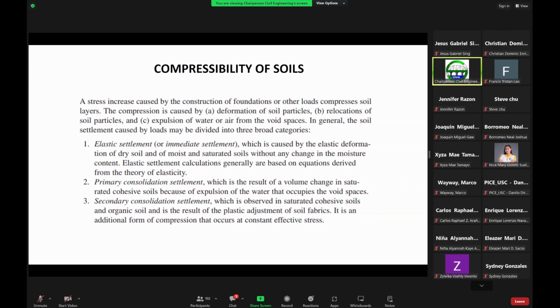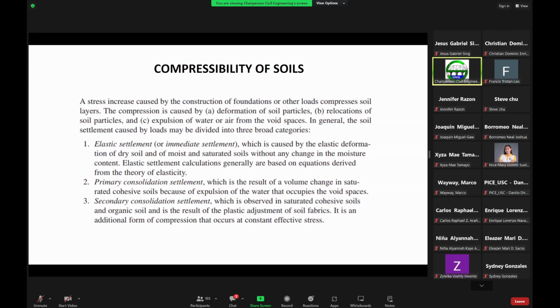Now, for the first one, elastic settlement, which is also called immediate settlement. This settlement is caused by the elastic deformation of a dry soil or of a moist or saturated soil, without, take note, any change in the moisture content.